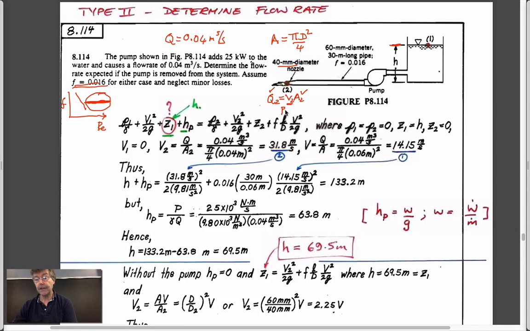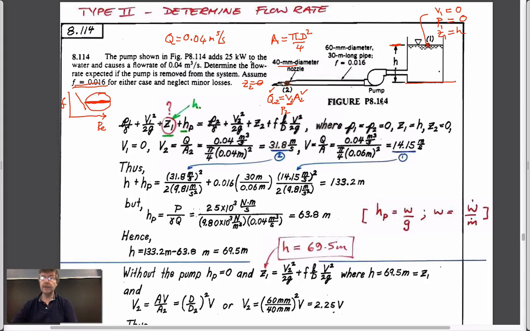If it's atmospheric, we know the pressure, and we know the elevation. Set it equal to 0, I suppose. What do we know here? Big tank assumption, atmospheric pressure, elevation we don't know, but we know it's equal to h.